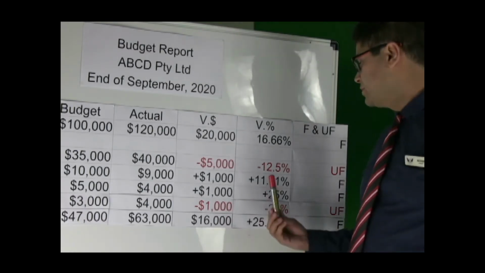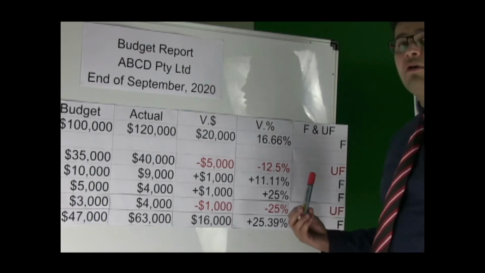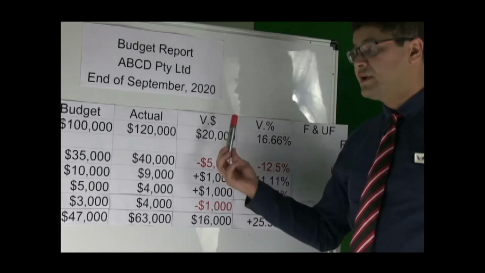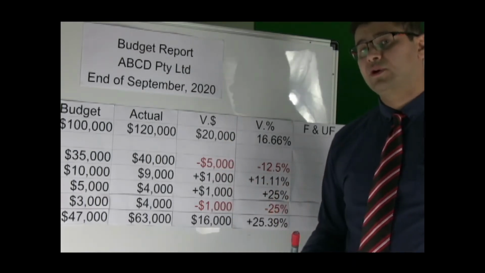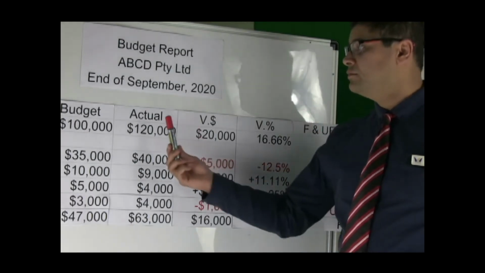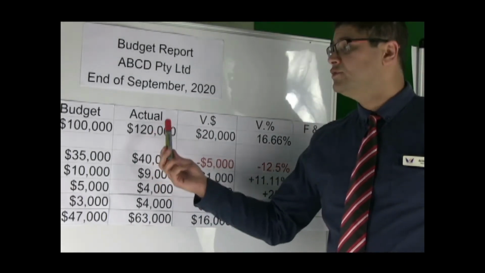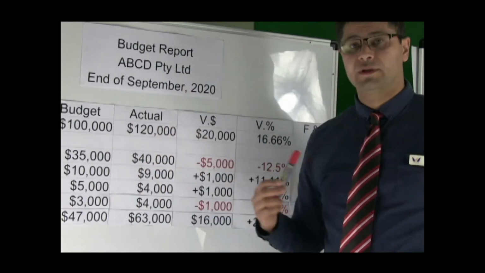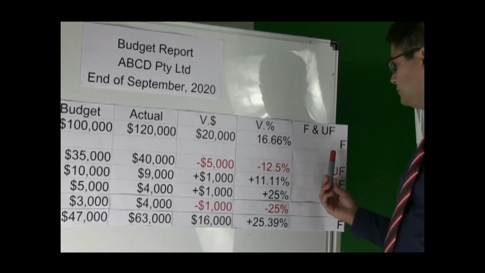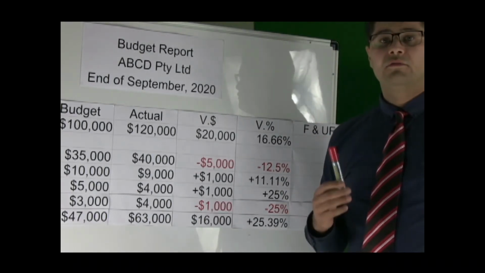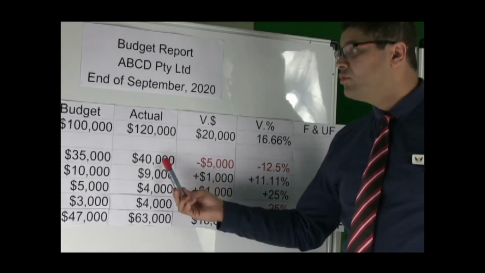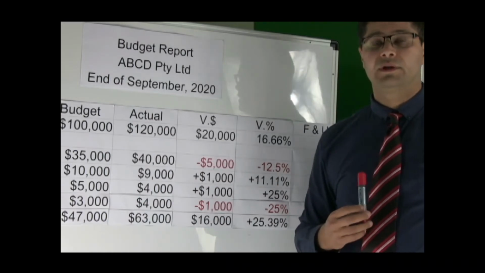And the last section indicates whether you are getting positive results out of your transactions or you are getting over budget. The formula is very simple. If your actual in your sales section is more money than what you predicted, it is favorable, and you put F. If your expenses were more than what you predicted, it's unfavorable.